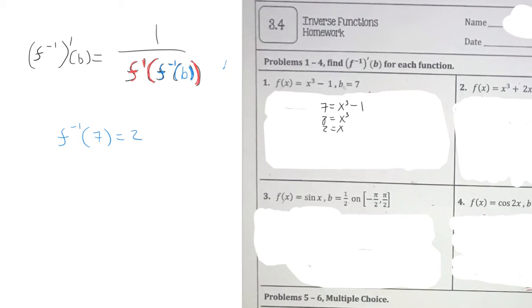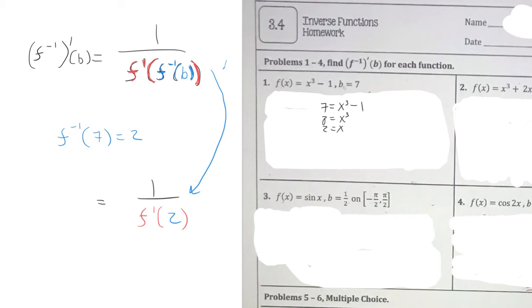So we just found our awesome number that's going to go here. You could update the equation where it's 1 over f prime of, in this case, 2. So now it's very obvious what our next step is. We went from here to here.